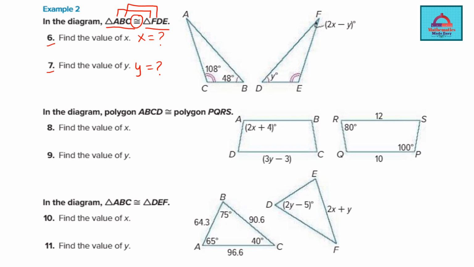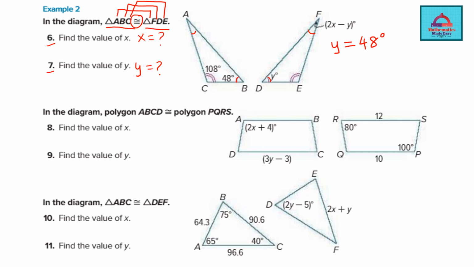Angle B and angle D, same measure. Angle C and angle E, same measure. So let's mark it. So this angle is equal to this angle. So we can say directly y is going to be 48 because this and this are given to be equal because of the congruency. So corresponding angles become equal.